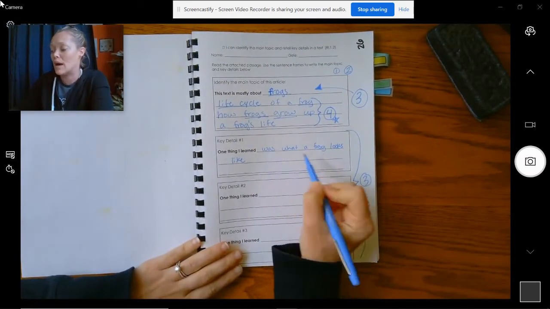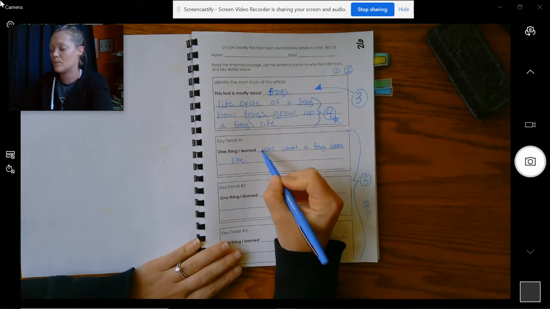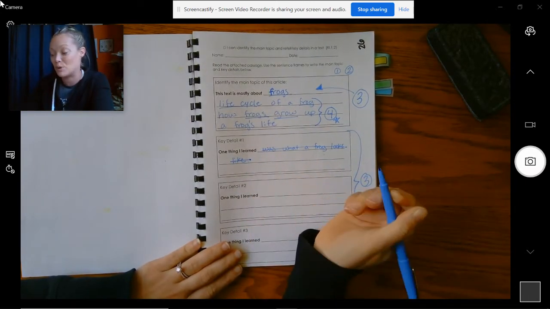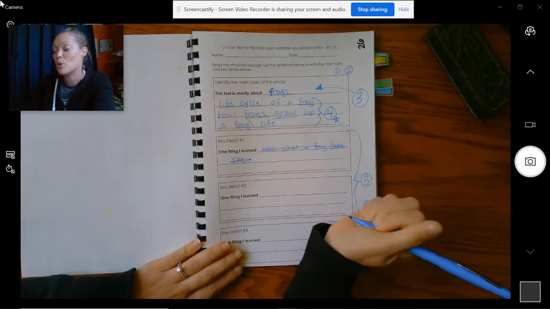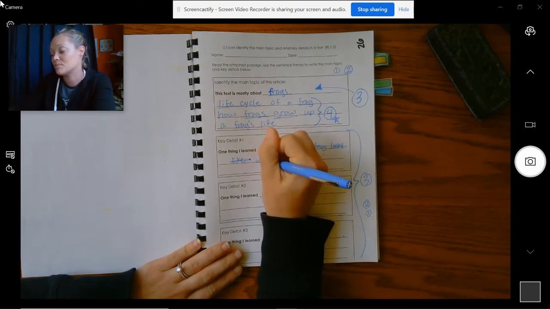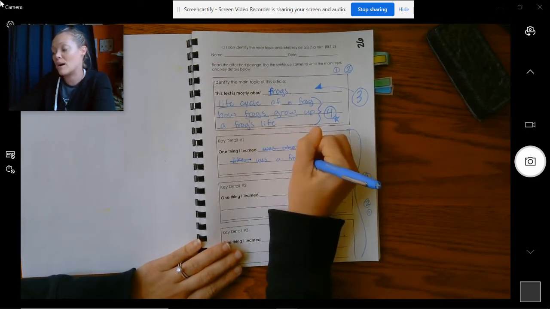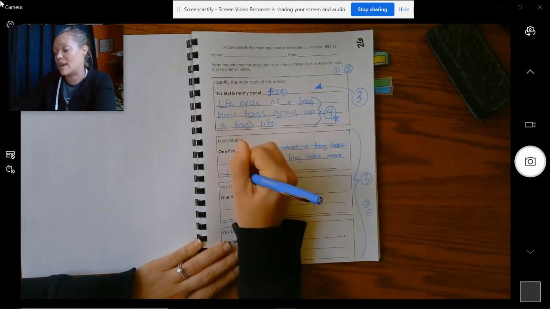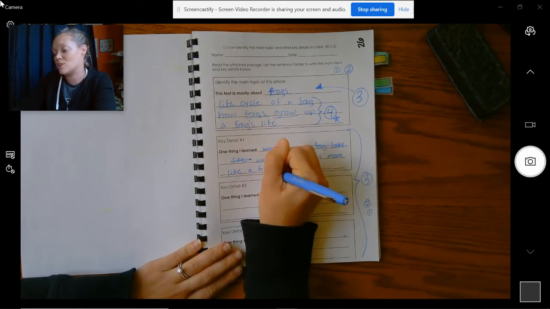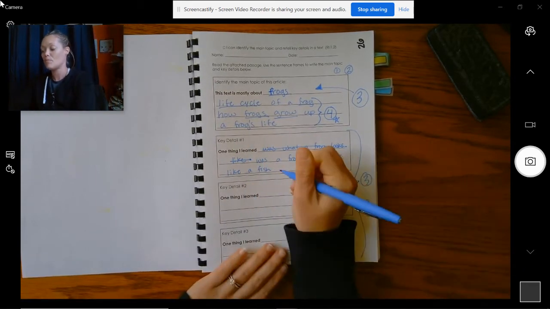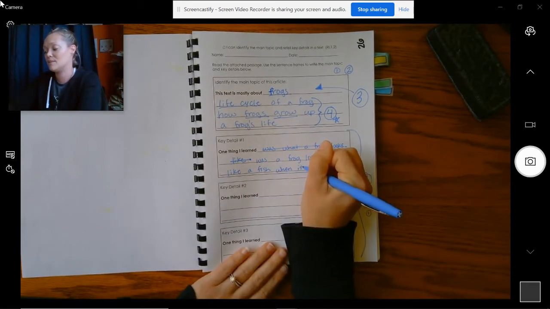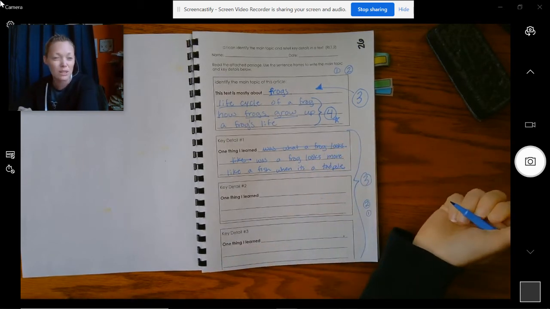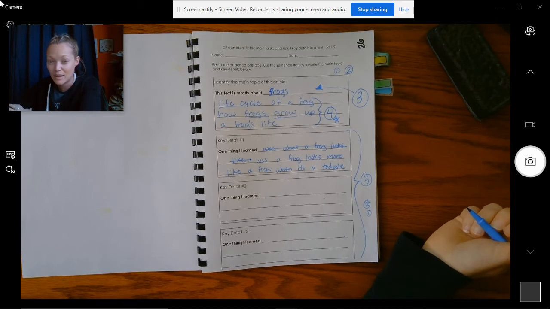So instead of saying, I learned what a frog looks like, actually tell me what it looks like when it's a tadpole. So one thing I learned was a frog looks more like a fish when it's a tadpole. Okay, so it's a little more specific.